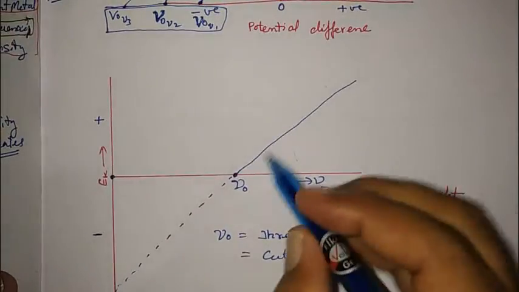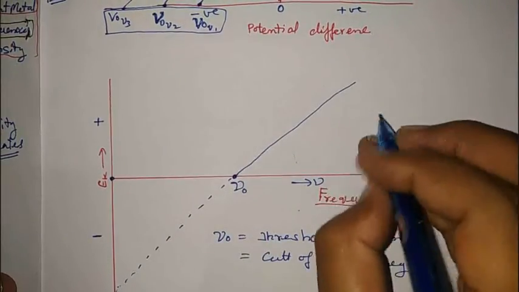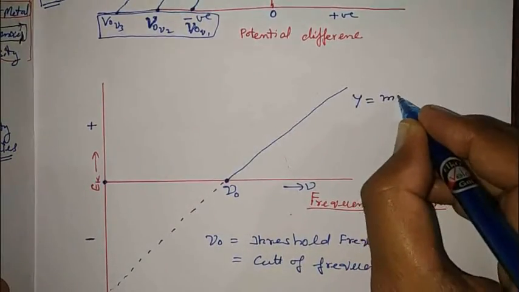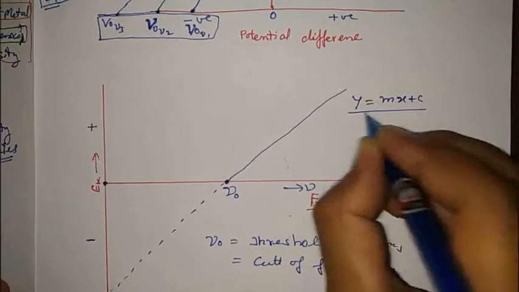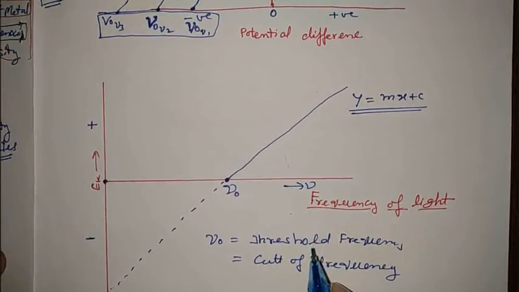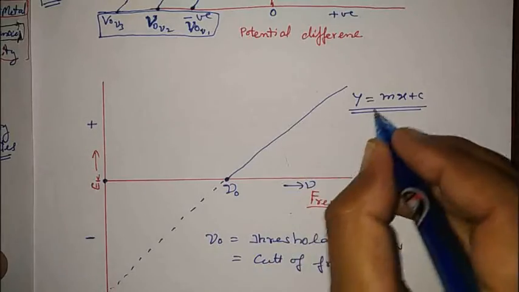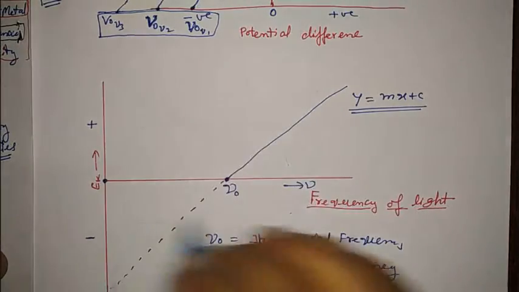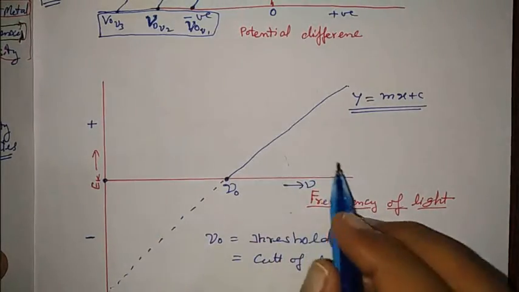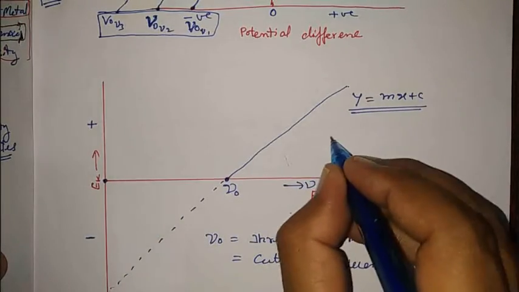See in the diagram, this is a straight line. We know in coordinate geometry its equation is y equals mx plus c. This represents the equation of a straight line. Here in this case also, when we obtain the equation of the straight line in the experiment, it is similar to that.